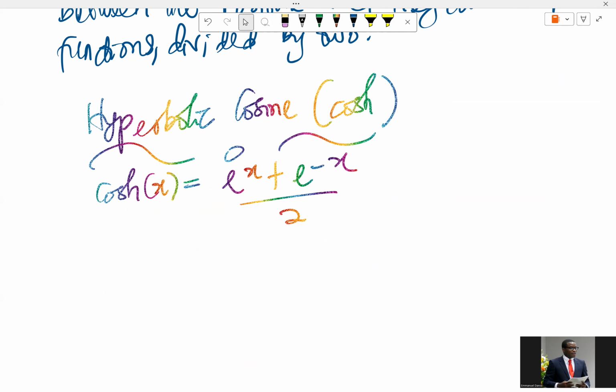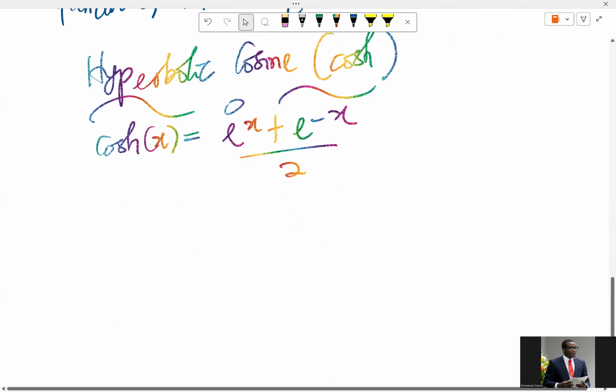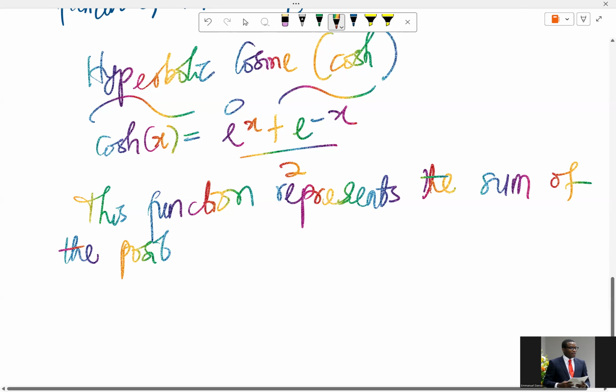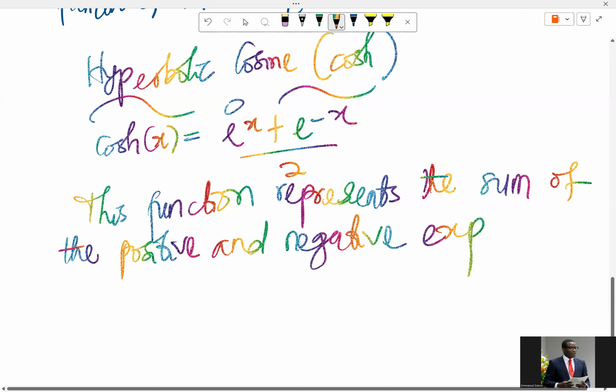That's basically the difference. So in this other case, this function represents the sum of the positive and negative exponential functions divided by 2.